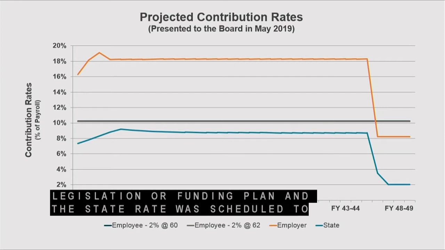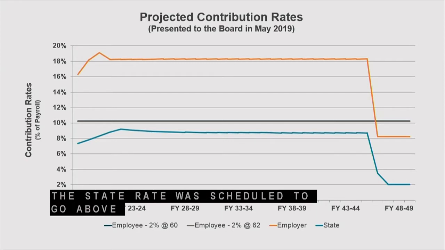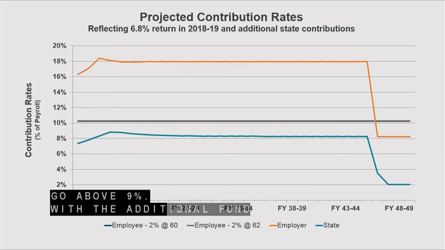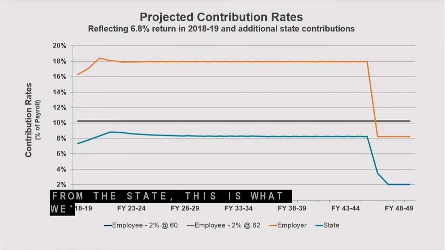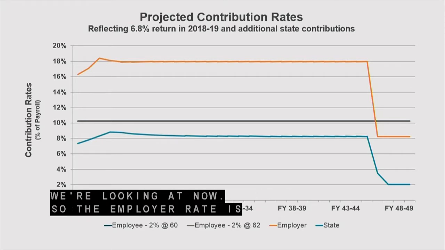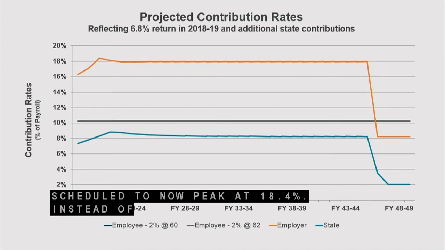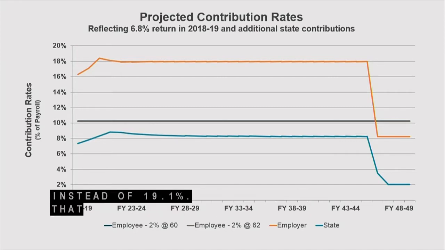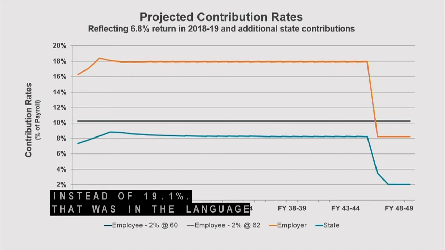With the additional funds that we received from the state, this is what we're looking at now. The employer rate is scheduled to now peak at 18.4% instead of 19.1%. That was in the language that was adopted by the legislature in June. And then what we currently foresee is that the employer rate is going to stay at around 18% long term.